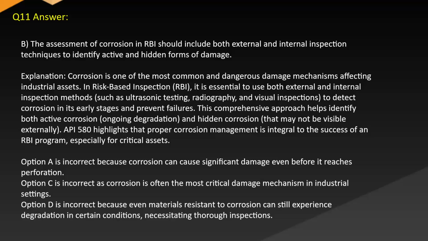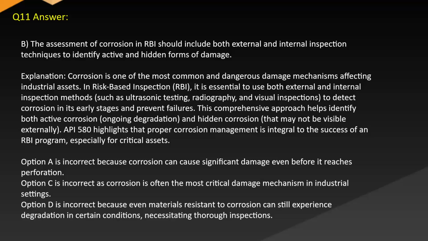This comprehensive approach helps identify both active corrosion, ongoing degradation, and hidden corrosion that may not be visible externally. API 580 highlights that proper corrosion management is integral to the success of an RBI program, especially for critical assets.